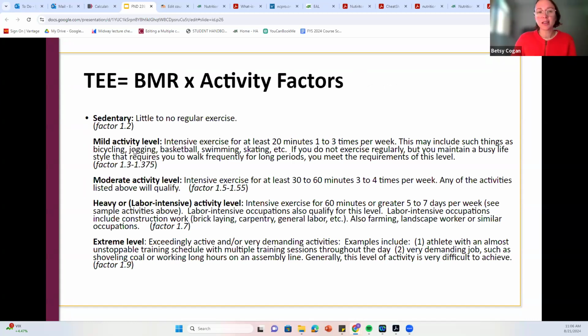When we're doing these equations, we also basically are calculating energy needs for what we call our basal metabolism. So basal metabolic rate describes the energy required to keep us alive, right? So when we calculate, especially using Mifflin-St.